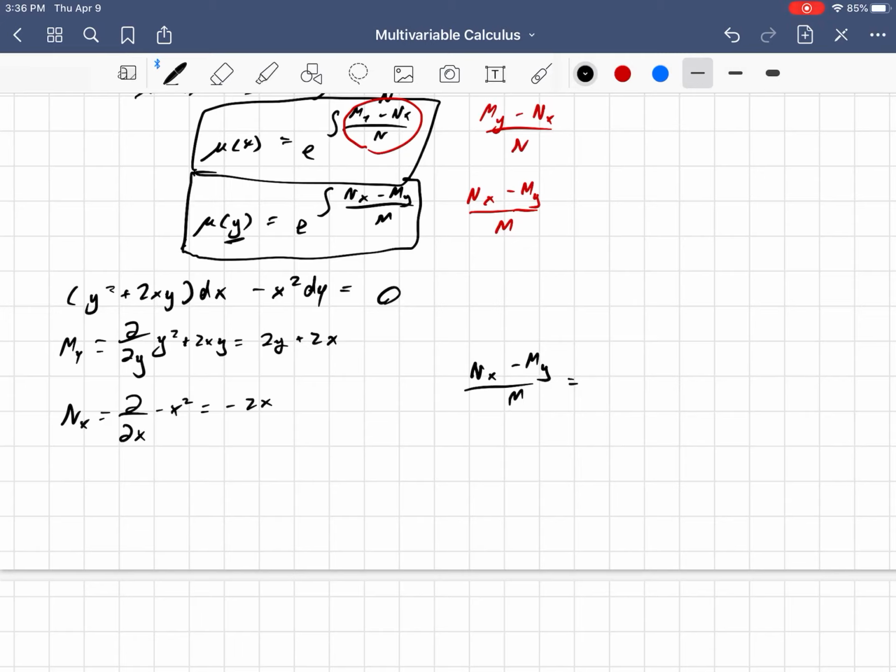Let's try first if we take n sub x minus m sub y, over m. That's negative 2x minus 2y minus 2x over our m, and our m is y squared plus 2xy.